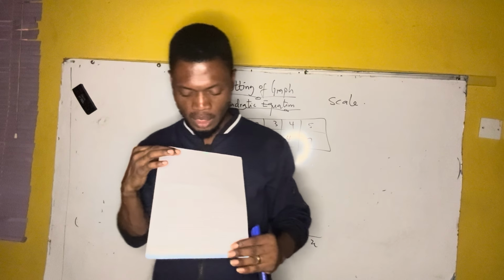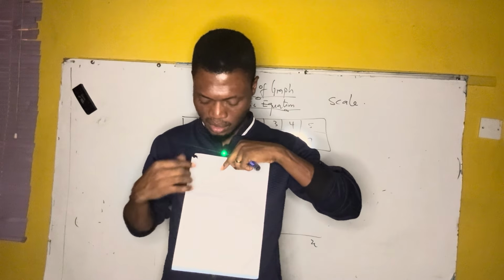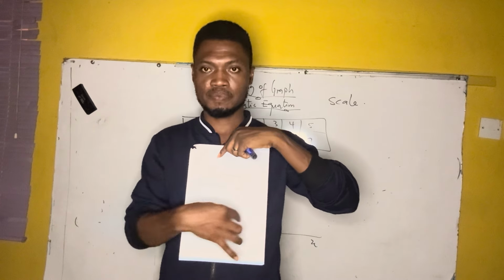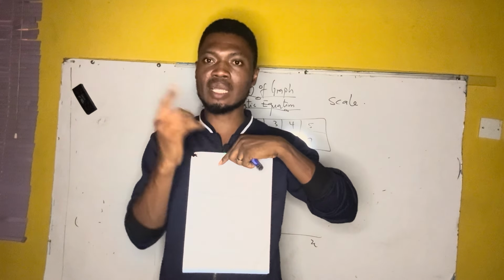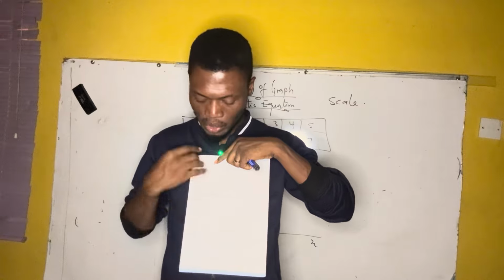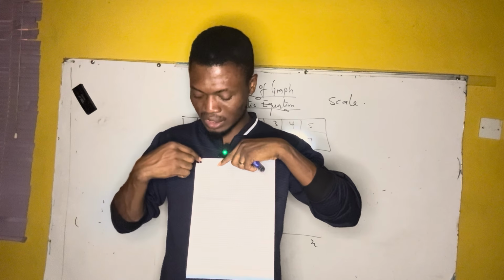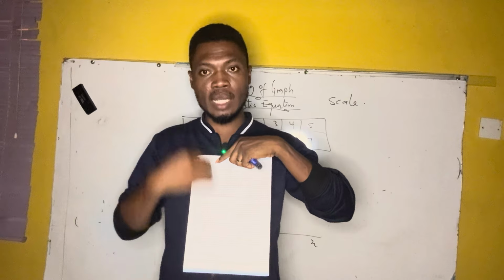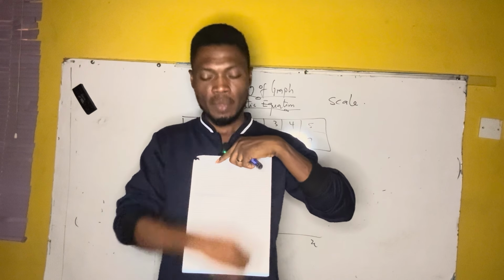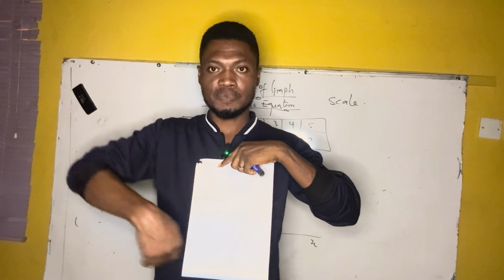Now, basically, in any graph, you will see that it is divided into small checks. Those checks are very important. Also, if you look at your graph, you have some thick vertical lines and thick horizontal lines.